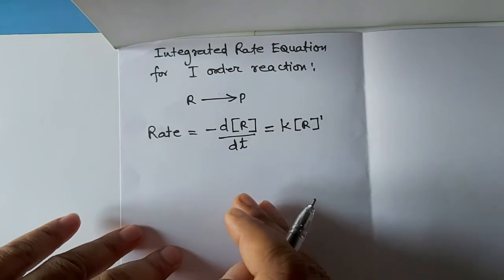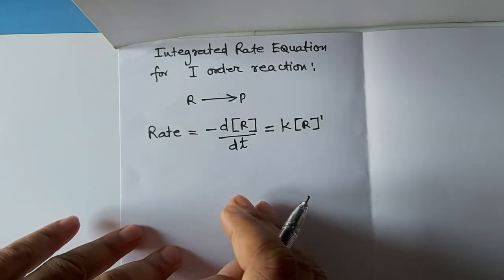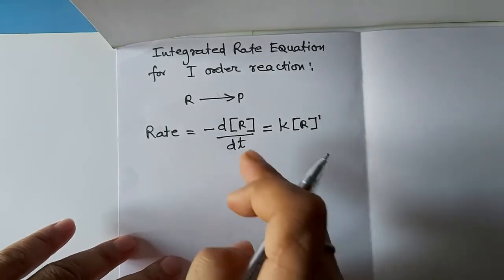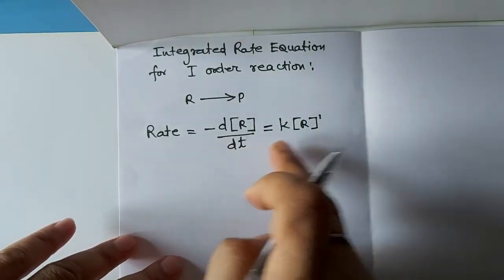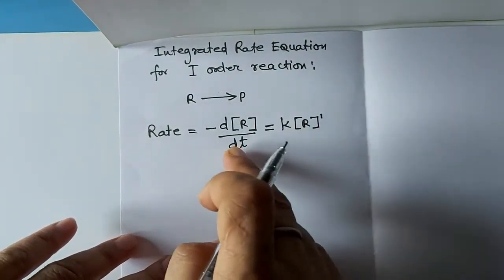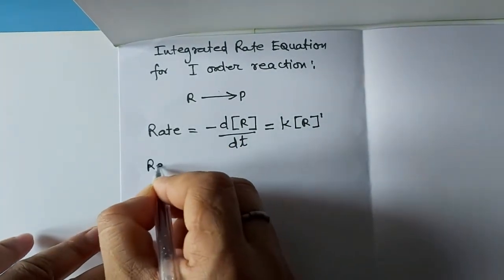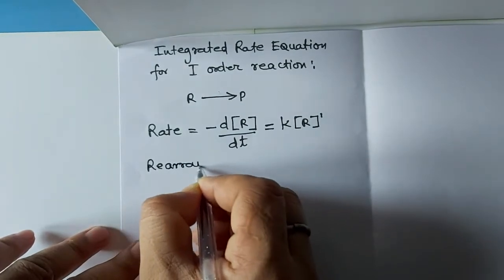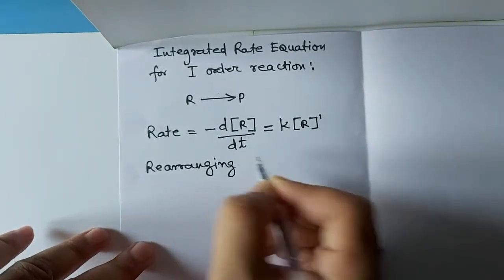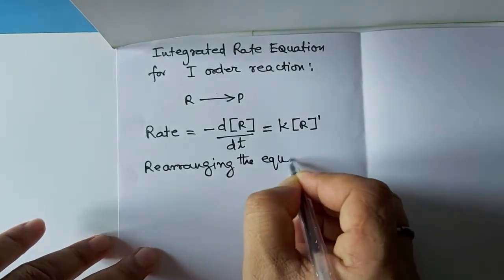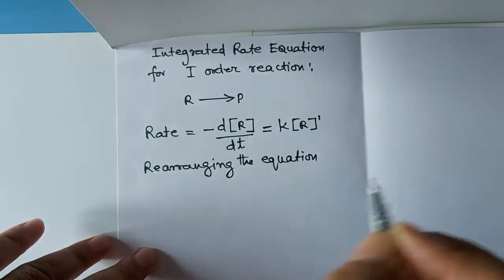So now rearrange this equation. In this case we are moving this value to over here and R to here. Rearranging the equation.